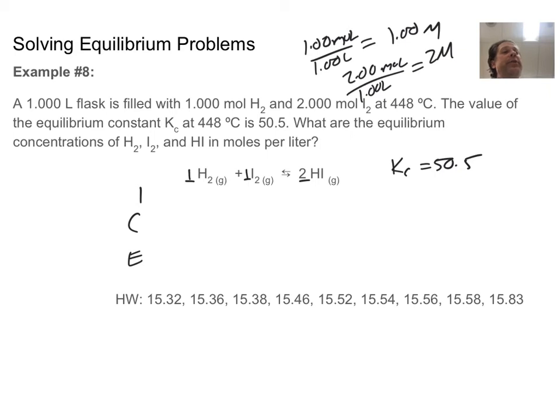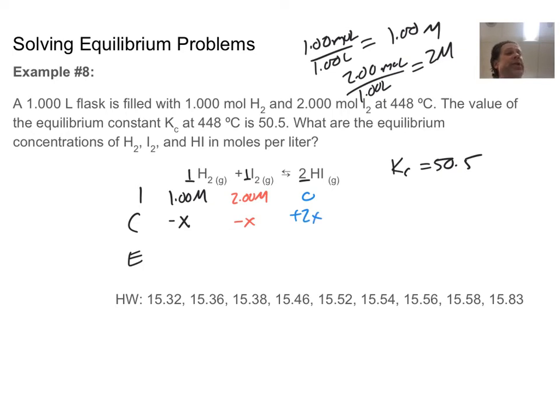So when I go and put these in my ice table, I'm going to have 1.00 molar, I'm going to have 2.00 molar, and I'm going to have 0 for my initial. And because the coefficients are 1, it's going to be minus x, minus x, plus 2x.